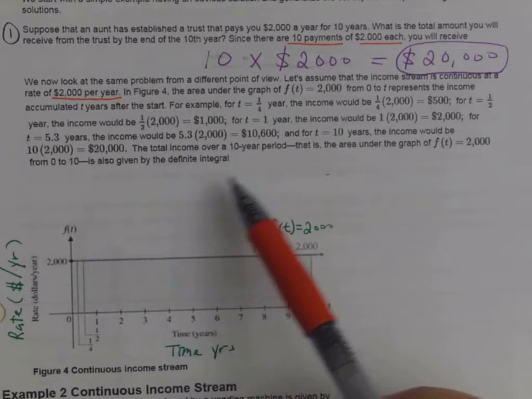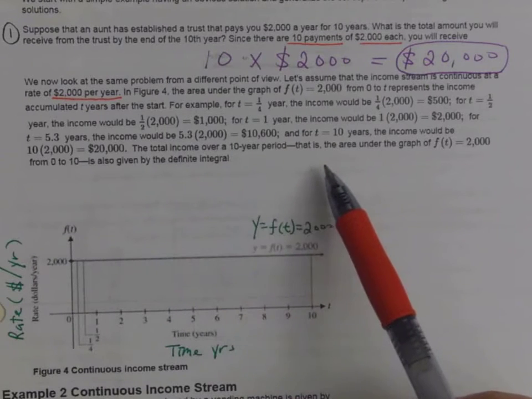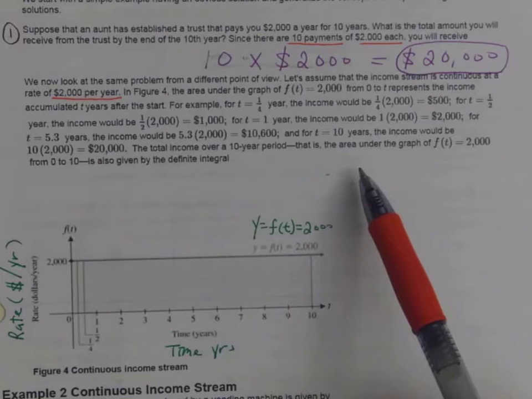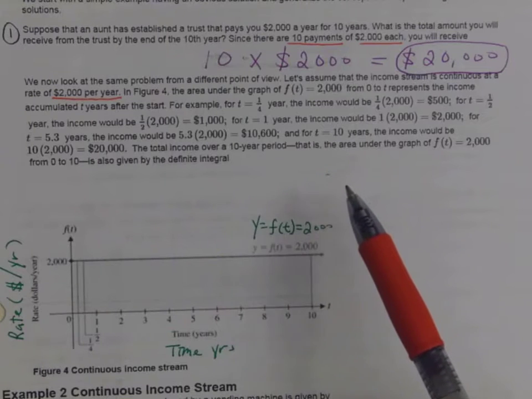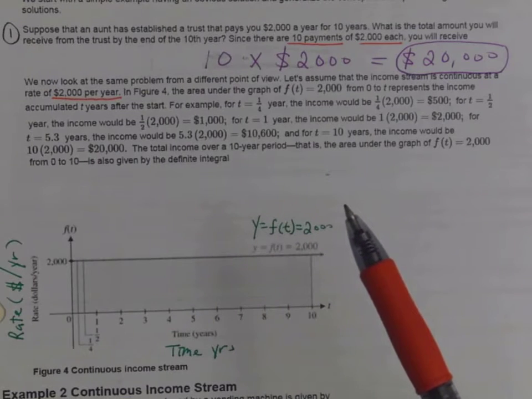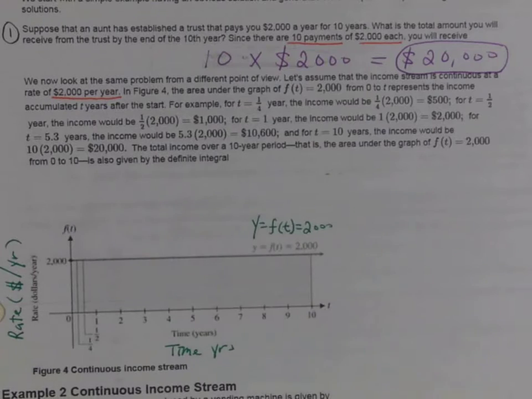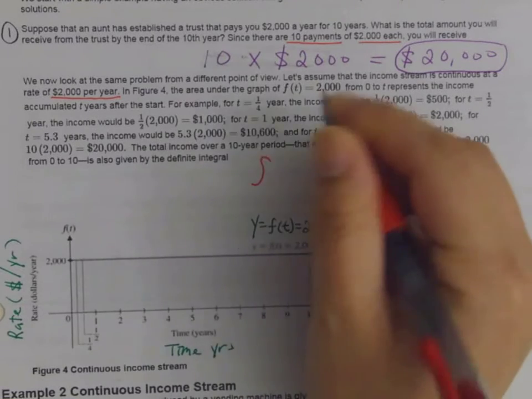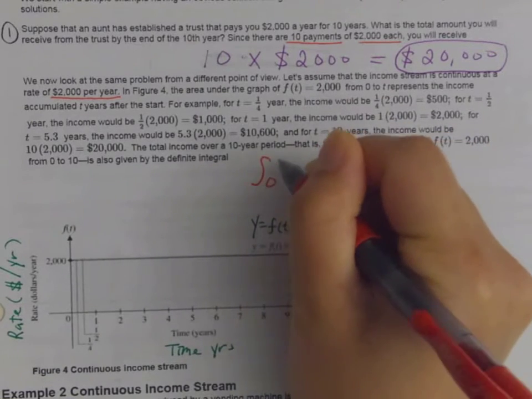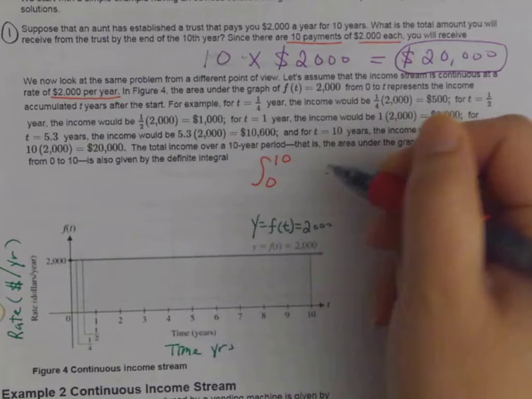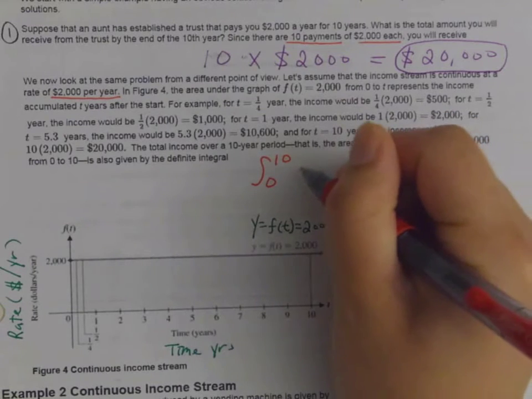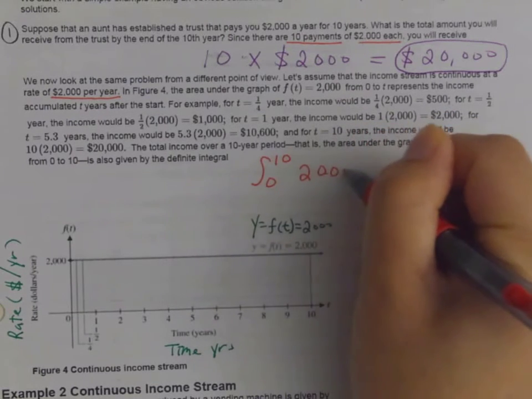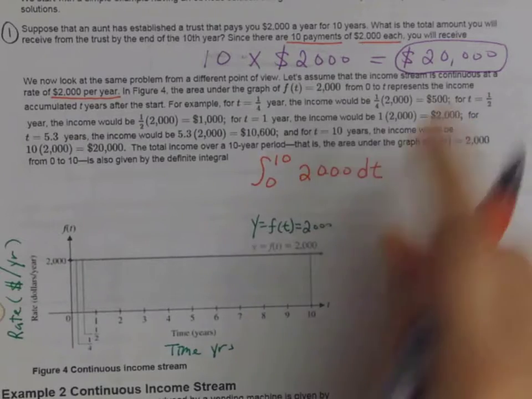So the total income over the 10-year period, that is the area under the graph of f of t equal to 2,000 from 0 to 10, is also given by the definite integral. We can use the definite integral from year 0 to year 10 of 2,000 dt, because it's over time.